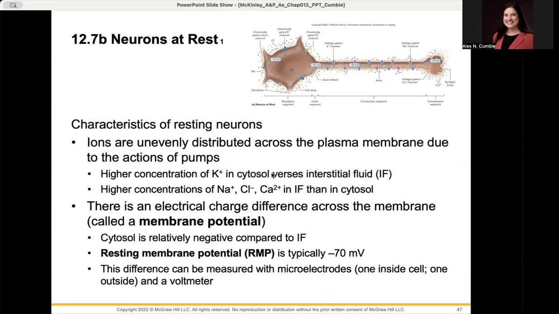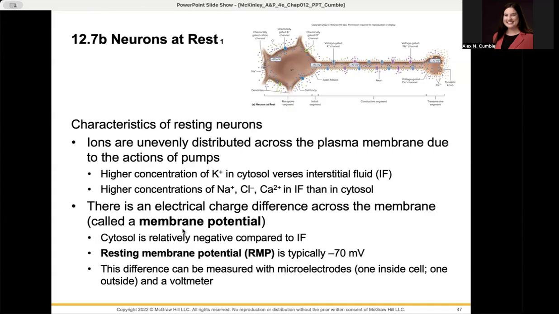Again, this is just some characteristics. We have a little bit of a different resting potential going on for our neuron at rest. If you remember when we had the muscle cell, a muscle cell at rest is negative 90 millivolts for that resting potential. It's a bit higher for the resting potential for a neuron at negative 70 millivolts.